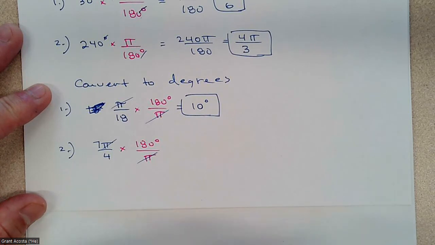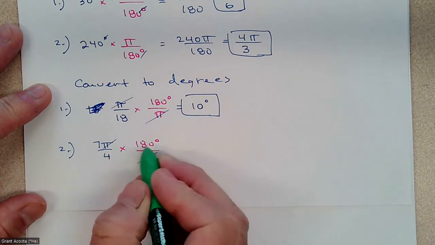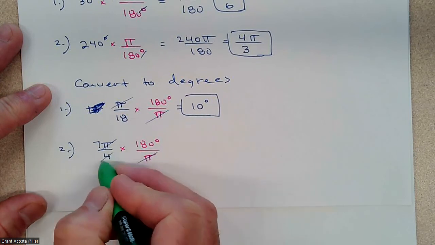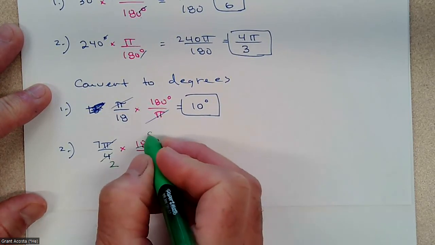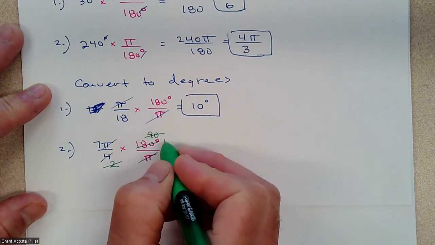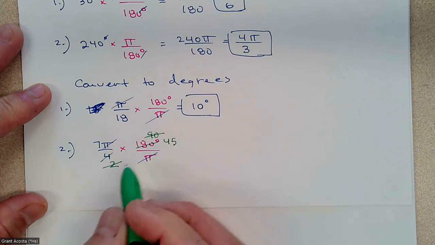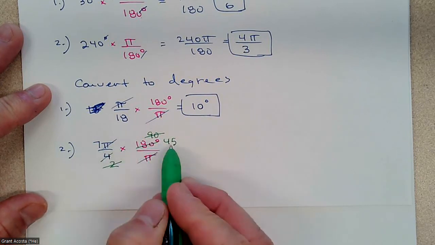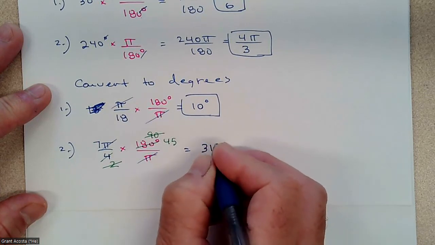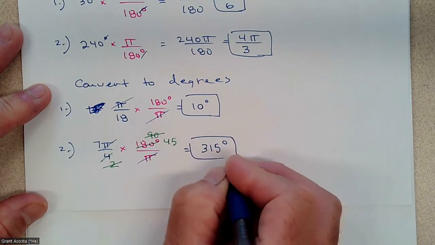It's a little harder to see how many times 4 goes into 180, but certainly 2 goes into this twice and into 180 90 times. And 2 goes into 90 45 times. So that just leaves me with 7 times 45. If you do the math there, that comes out to be 315 degrees.